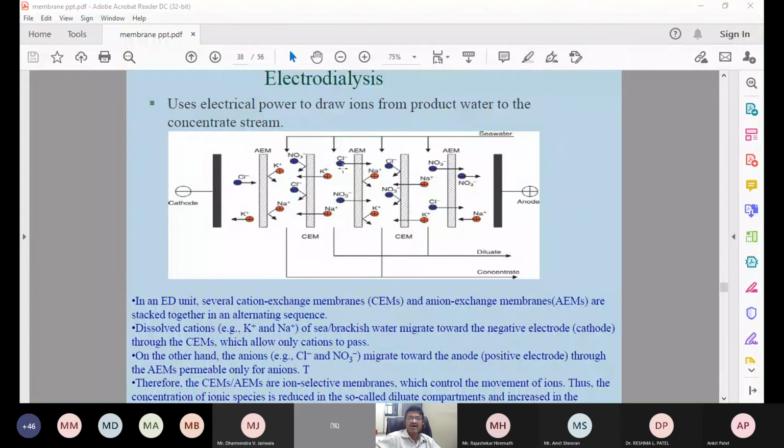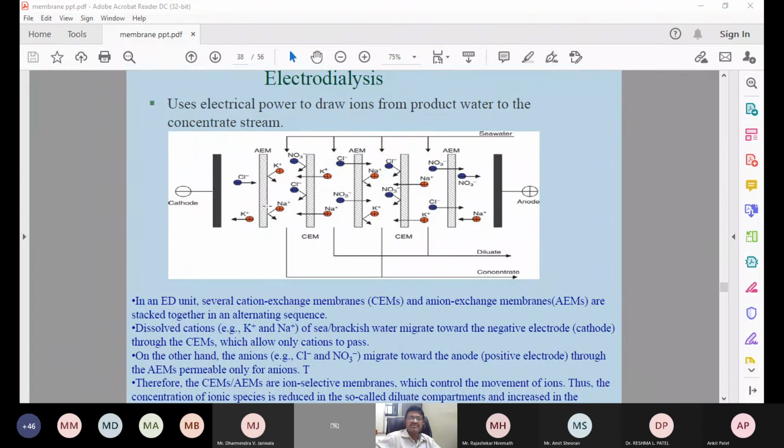There will be no ions in this region. And what will happen to this region? All the ions will be there in this region. It becomes concentrate and this becomes treated. You see, here the treated water is going, here the concentrate water is going.